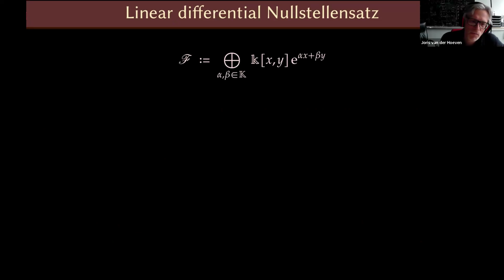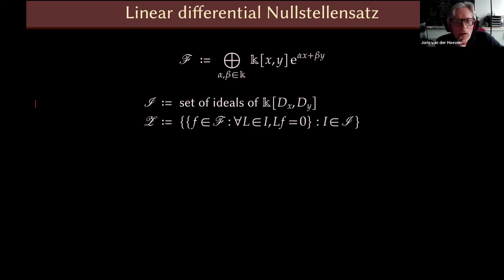So if we introduce the space F of all exponentials of alpha times x plus beta times y, where alpha and beta run over the constants, multiplied with polynomials in x and y, then we can look at sets of ideals of linear differential operators in this thing.